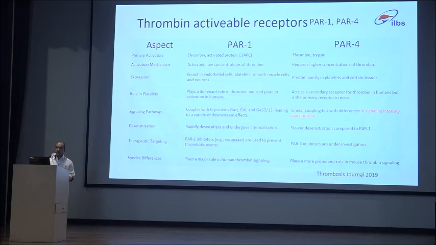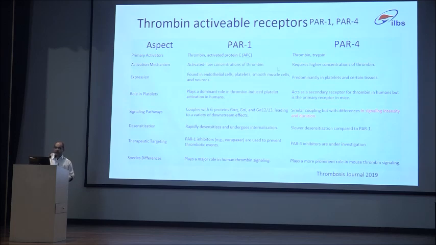The PAR4 requires a relatively larger concentration of thrombin, and the effect will remain for a prolonged period, and it is a potent action. So this is the difference between PAR1 and PAR4.